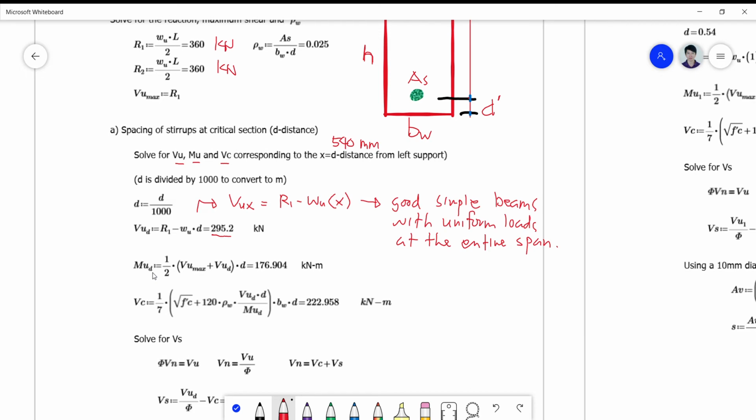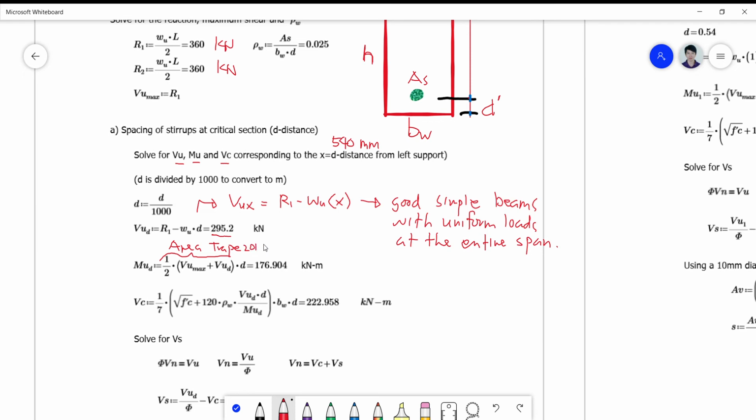Please bear in mind that the shear and moment diagram was a graph on our previous lecture, so we just look into the shear and moment diagram to get the formula for MU at D. The formula for the moment is simply the area under the shear diagram, which is a trapezoid.